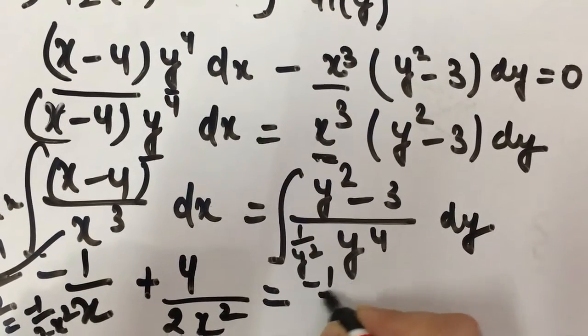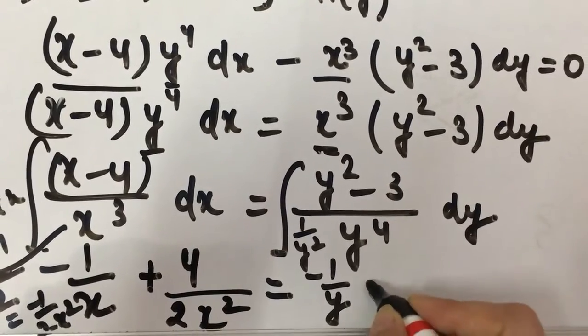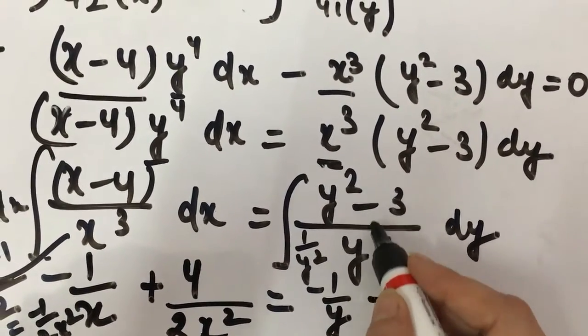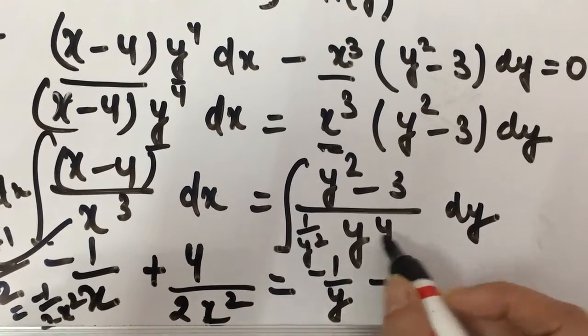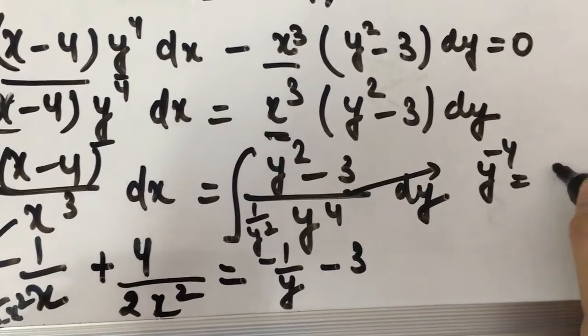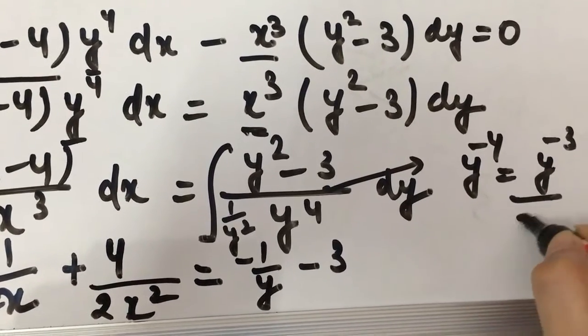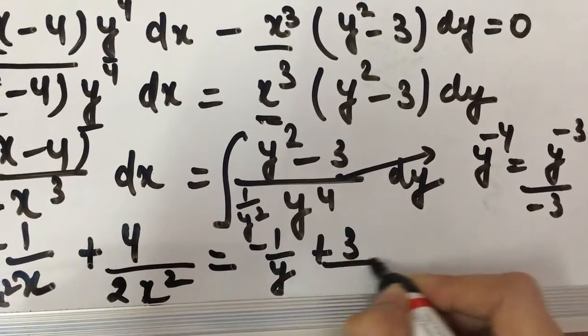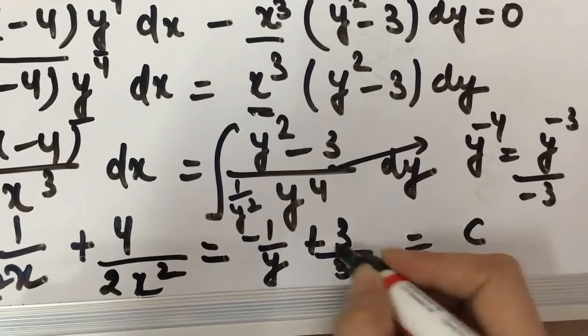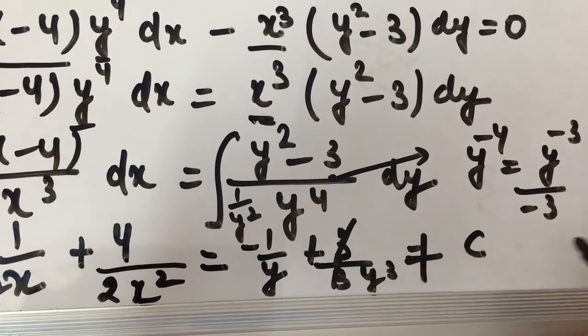When we integrate it, we get minus 1 by y, minus 3 times the integration of 1 upon y to the power 4. Its integration will be y to the power minus 3 by minus 3, that is 3y to the power 3, equal to plus c.